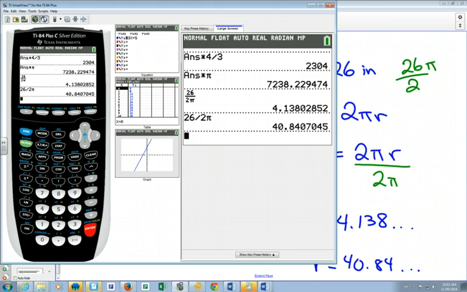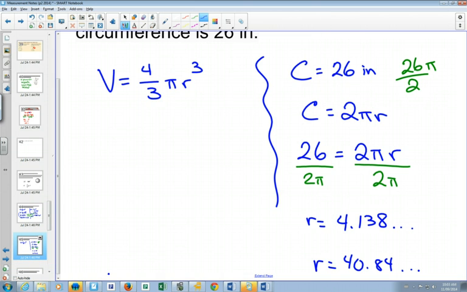So if you don't have a calculator that allows you to put things in fraction form, you have to remember that whenever you are putting things into your calculator and you have more than one thing either on the top or on the bottom. Now here 26 is one number. We only have one thing on the top. But we have 2 times pi on the bottom. So you would have to put that in brackets if you weren't going to use the fraction thing, to tell your calculator that both the 2 and the pi are in the bottom of our fraction.